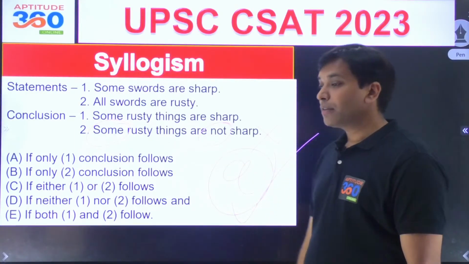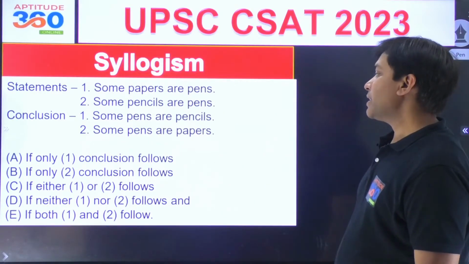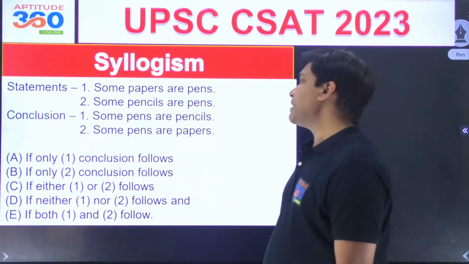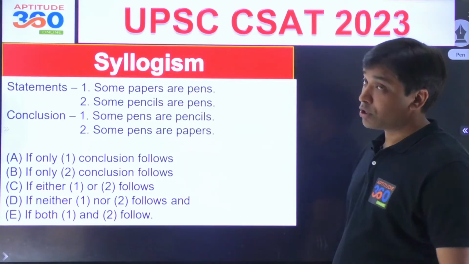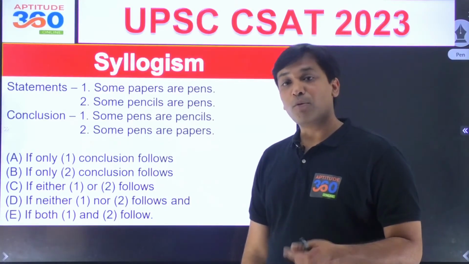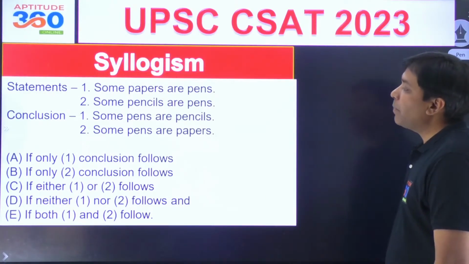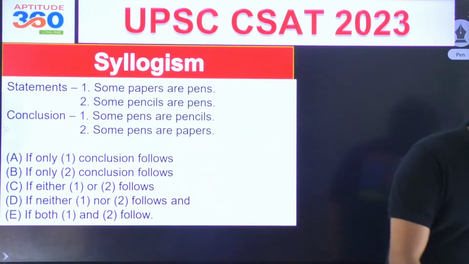Okay. Now Pranesh is also getting the answer. Move ahead. Simplify this problem. Some papers are pens, some pencils are pens, and these are the two conclusions. अब some के साथ not तो है नहीं, तो आपको diagram बनाना पड़ेगा अपना. Make the diagram out here. Take your time, people.